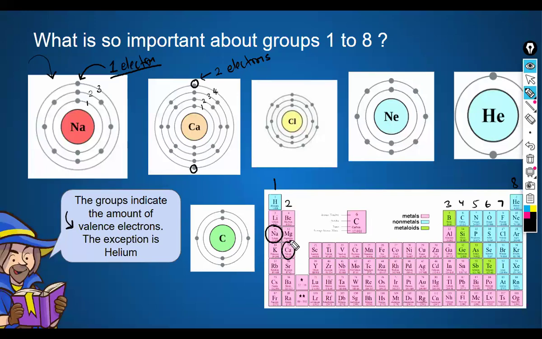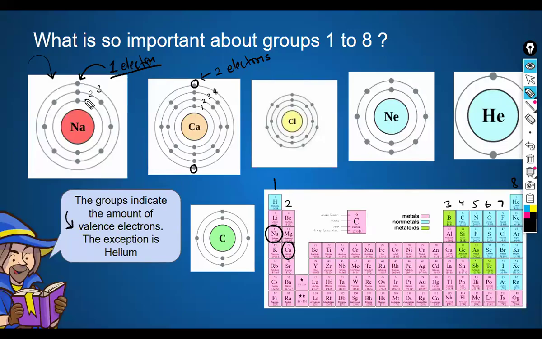In group 2. The person who was organizing the periodic table realized he put everything based on a pattern. Everybody in group 1, when you draw the atom, will always have one valence electron.